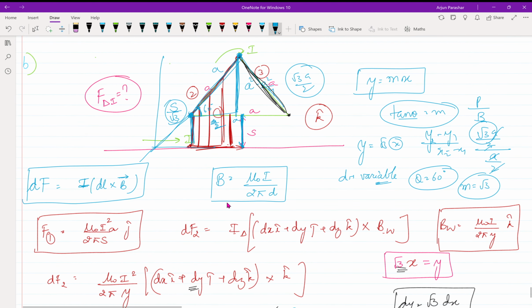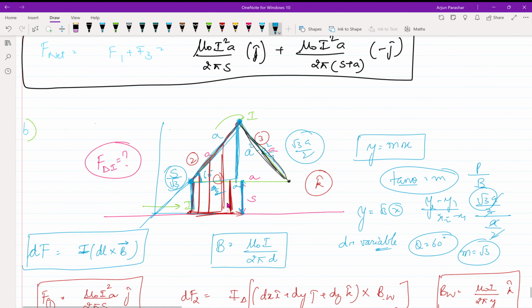So x limits means we need to put the limit of x. I hope you already know that if you are a master student. s by root 3, and this coordinate is s by root 3 plus something. Why plus something? Because it has gone so far, so this coordinate will be added to this, so s by root 3 plus a by 2. This is the x coordinate, and we also have the y coordinate.